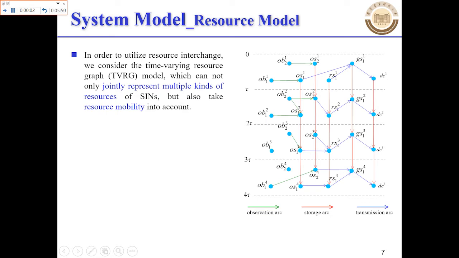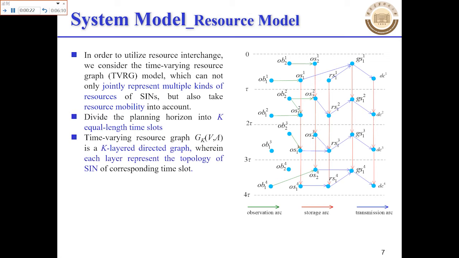In order to utilize the resource interchange, we consider the time-varying resource graph model, which can not only jointly represent the multiple kinds of resource of SRN, but also take resource mobility into account.